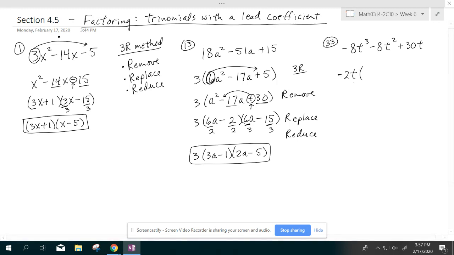Now, what am I left with? Keep going. Okay. I got your 4t squared, 4t, minus 15.